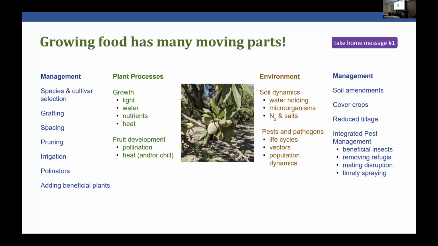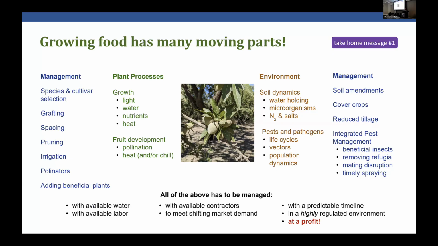You can do grafting, crop planting, pruning, irrigation, providing pollinators, beneficial plants, whether that might be cover crops or habitat for beneficial insects, soil amendments, reduced tillage, and then a whole bucket of ways to deal with pests, from the more natural ones, beneficial insects, removing their refugia, to targeted spraying.